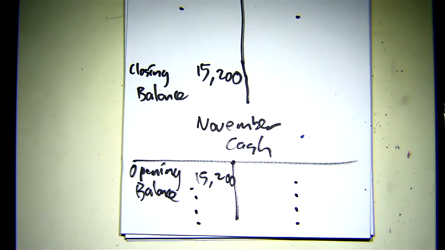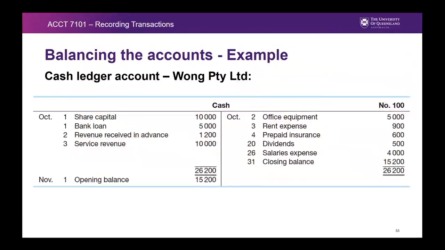The example here on the slide, which of course comes from the textbook, is a little bit more complicated in that what they've done is they've got a closing balance, $15,200 here, and the other way I've written on the slide, which I think is simpler and easier to understand, is just call it a closing balance of 15,200 and write it at the bottom of the debit side in the case of cash.